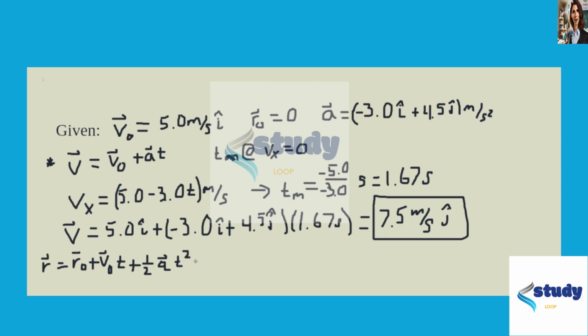Okay, so r naught is 0, so we have 0 there. So the first thing we're going to have is for v naught, we have 5.0, and that's in the i hat direction, right?